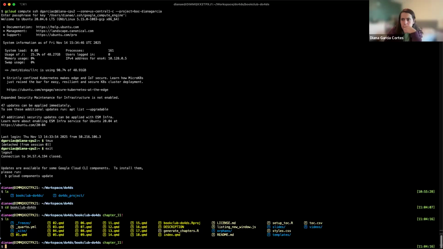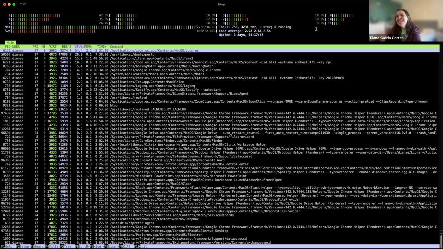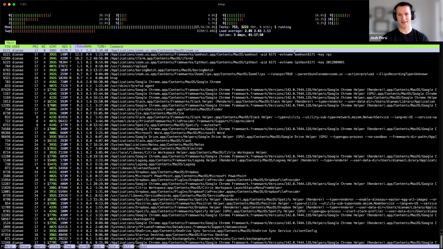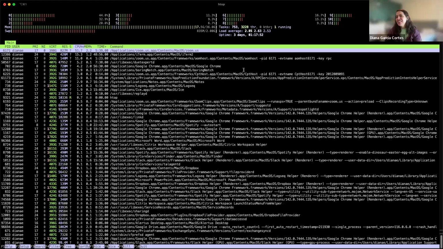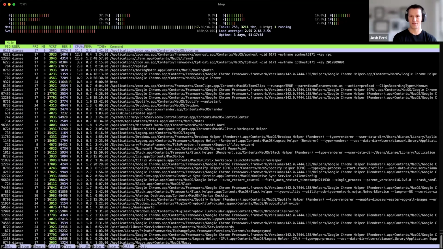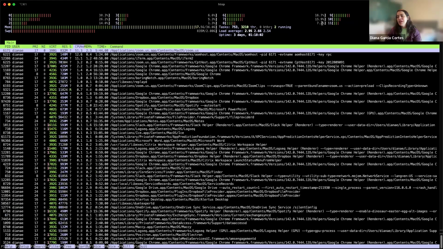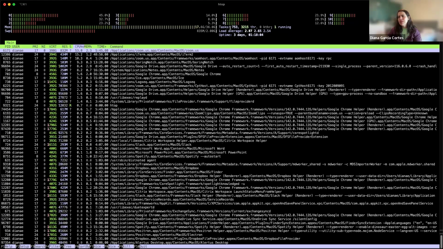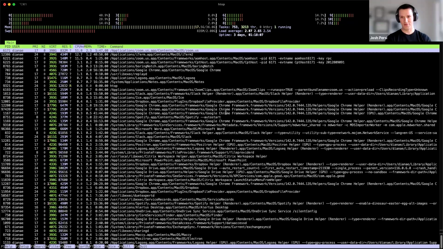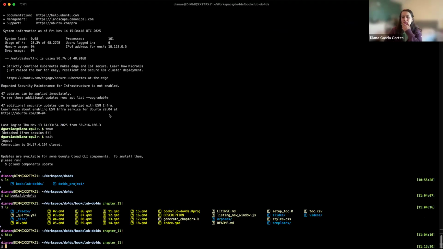But mine has 12. Oh, okay. So it's not just a sequence of 2 to the power of something. Weird. I'm not sure if maybe 8 are real cores and the rest are virtual cores, or something like that. I don't know, but that's a good question.